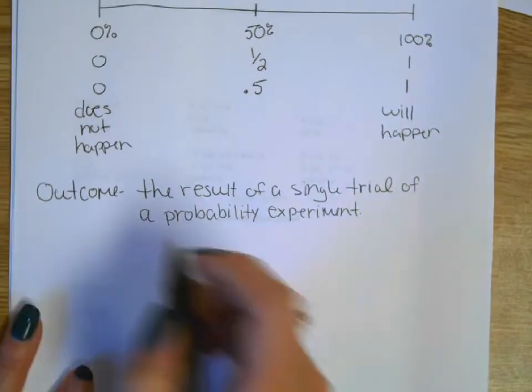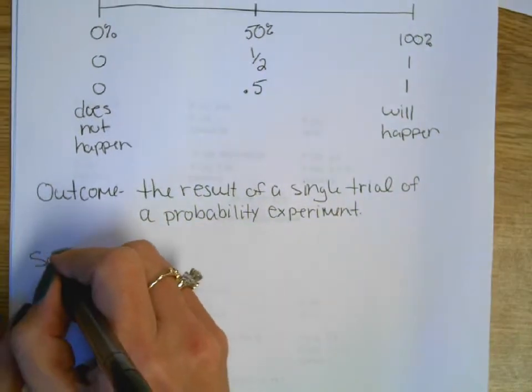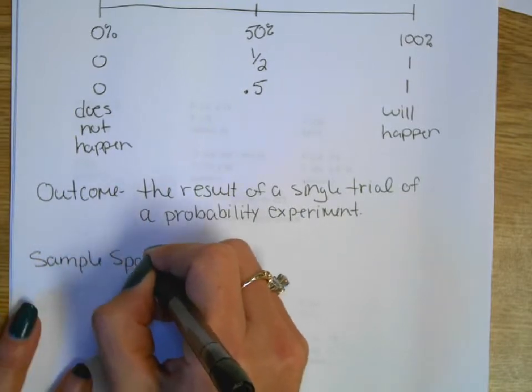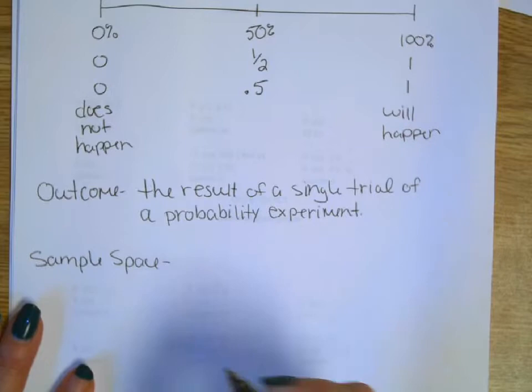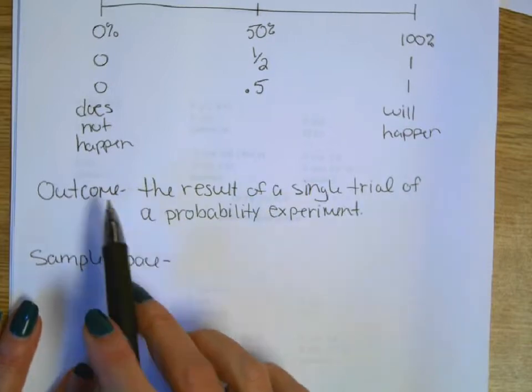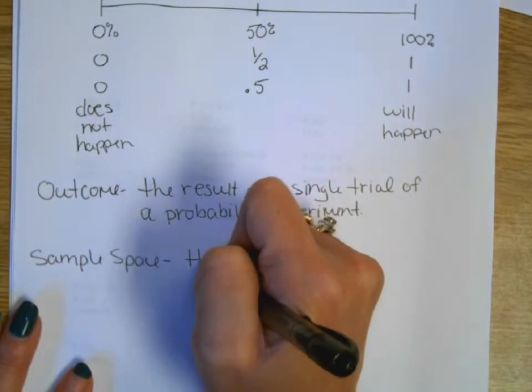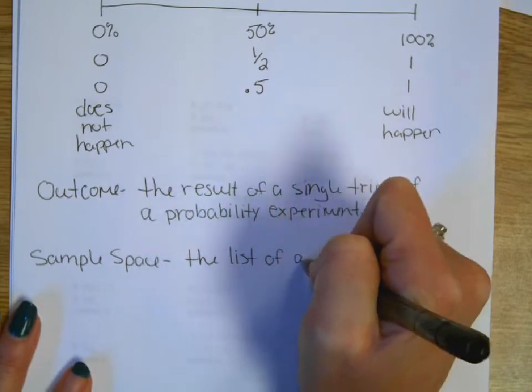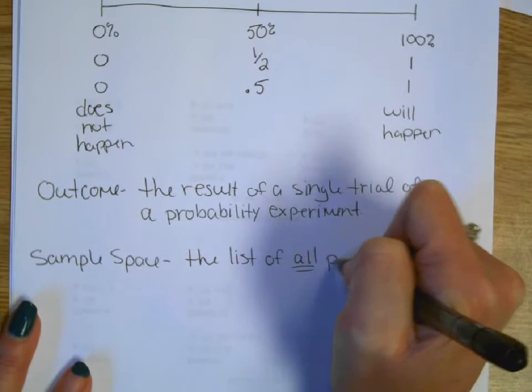After that we've got sample space. Your sample space is all possible outcomes. So it's the list of all possible outcomes.